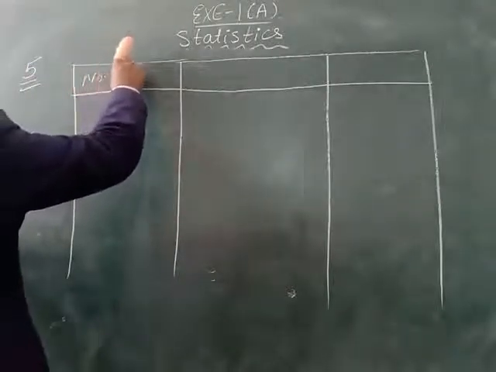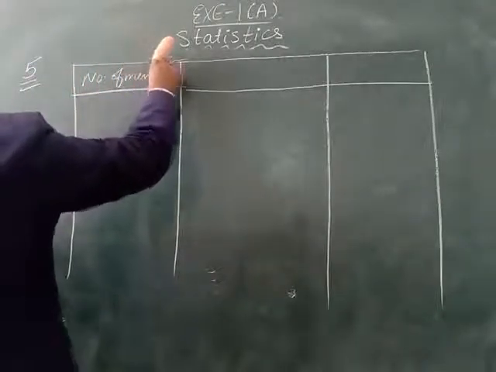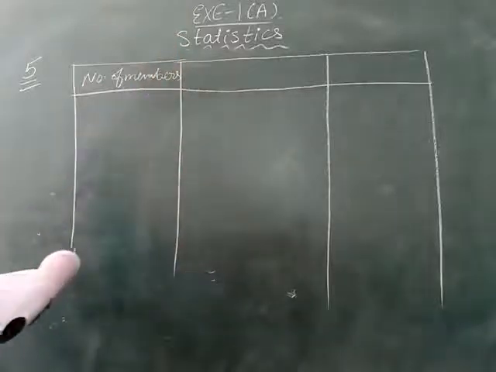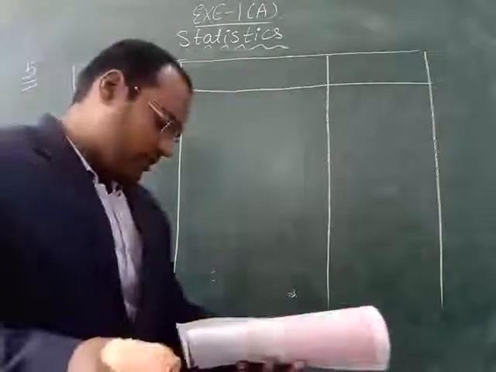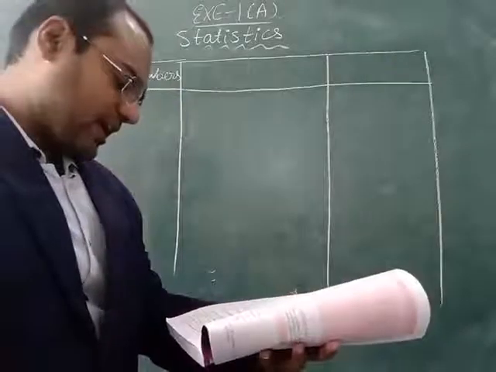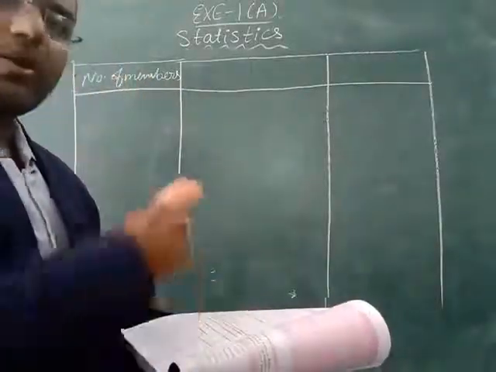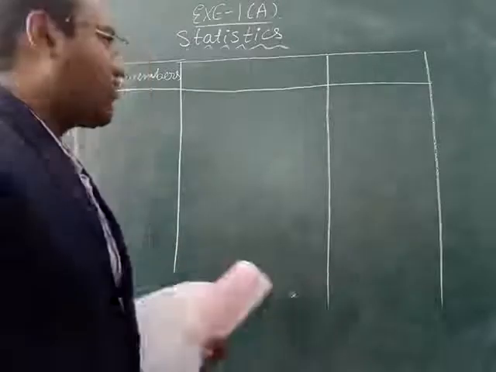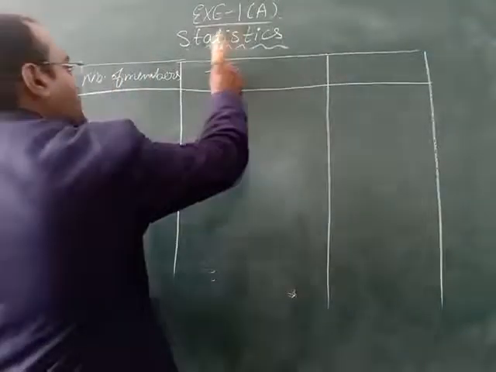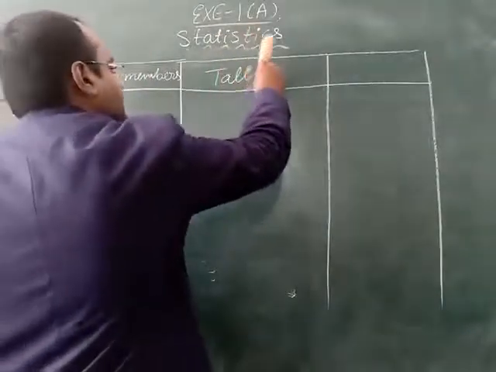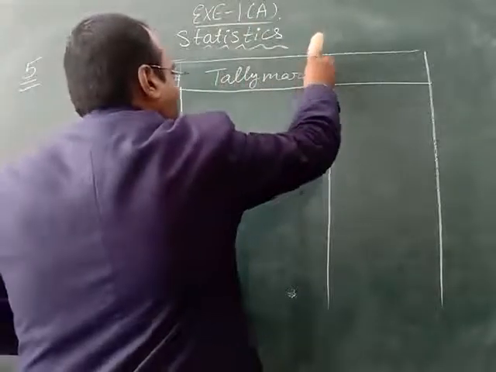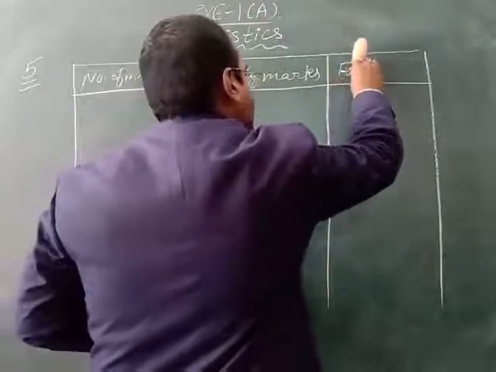How many members are there? The second heading will be tally mark, and the third heading will be frequency.